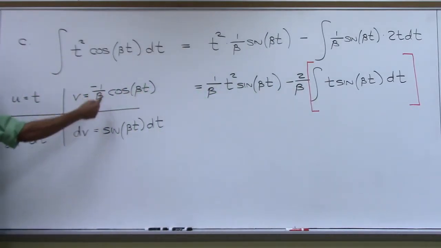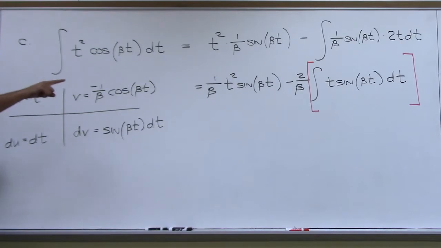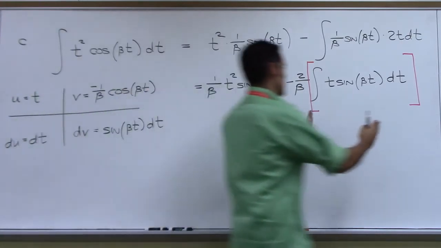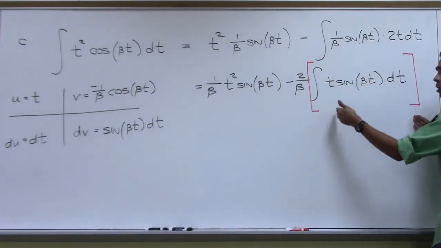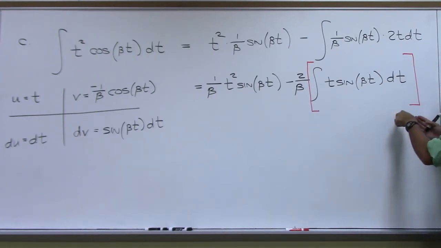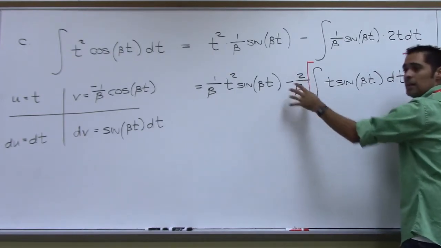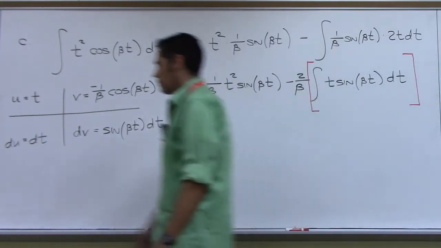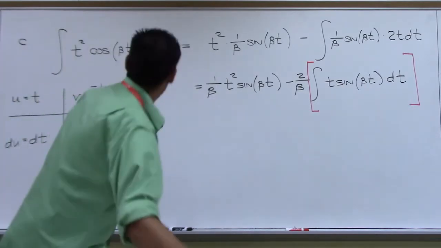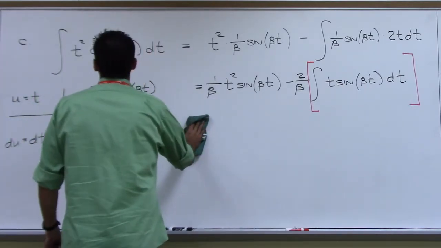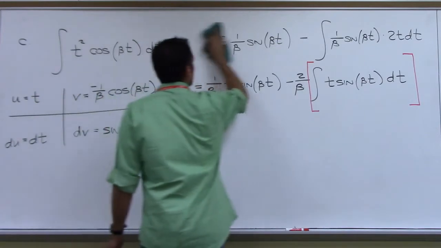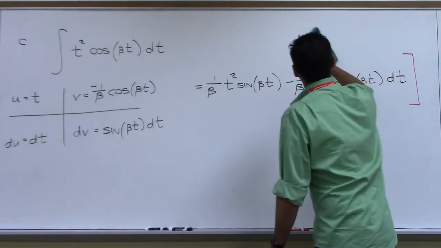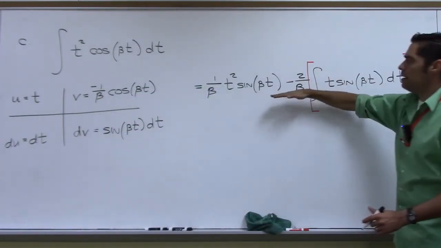So here to here, we're integrating up. We get to this. So just the part in red, right? Just the part in red is going to become a brand new uv minus integral v du right in here. And we still have a negative 2 over beta in front of it all. So we've got to keep track of all that. So I'm going to put on the top here, I'll put it right here, I guess. Okay, so from this line, I'm going to go to my next line.